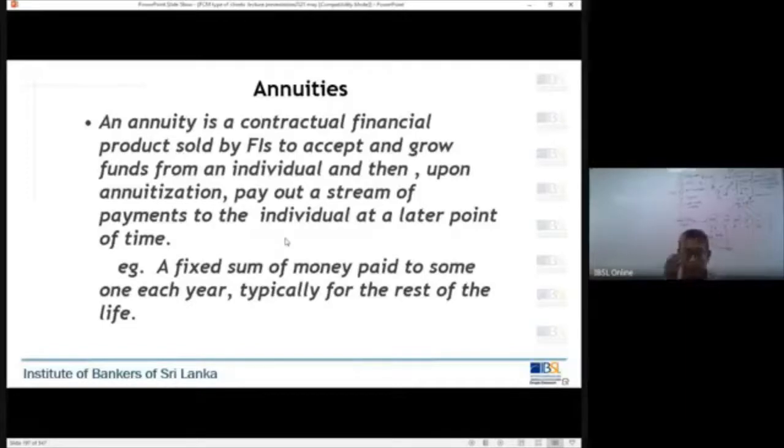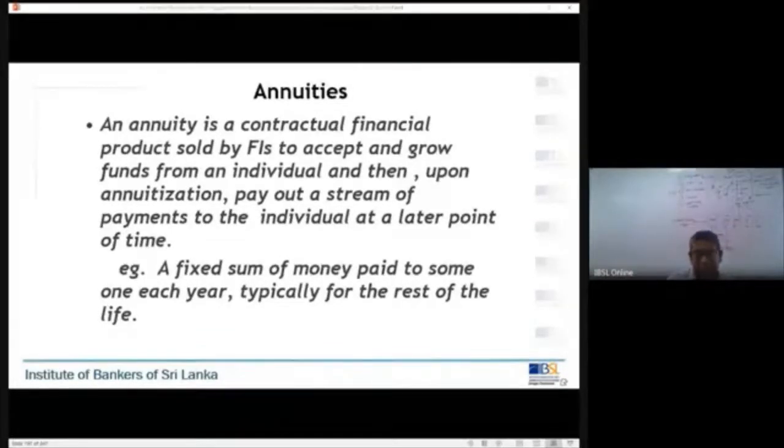Now you say there's a lot of products about the annuity. Right? Can anybody tell me any brand name sold by your bank, annuity products?